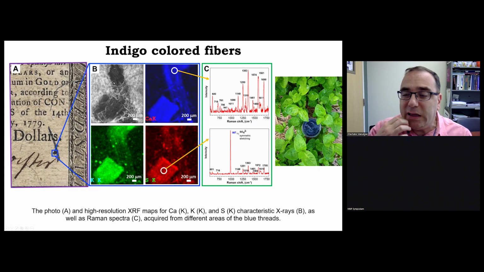Indigo at that time was primarily extracted in China, so most likely those came from China. And these elements, potassium, calcium, and sulfur, are part of compounds like fly ashes or some natural potash-bearing compounds that people used to extract indigo from plants using these inorganic compounds. So we confirmed that those are indigo-colored silk threads.